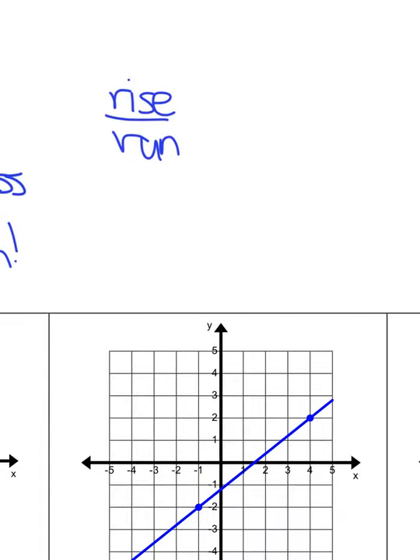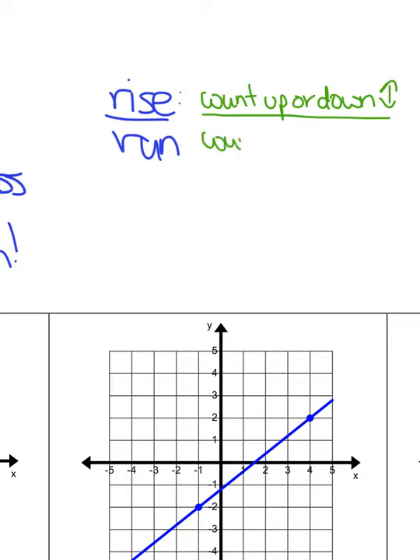So over here, I wrote rise over run. If we're talking about the rise, we're talking about how we're going to count up or down. So the rise is the up and down. And then the run is when we count right or left.